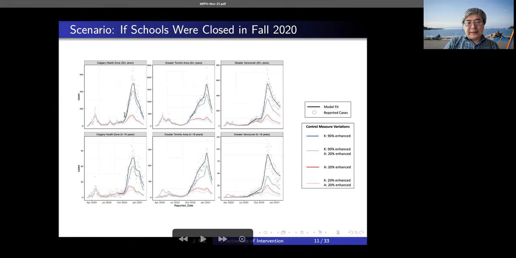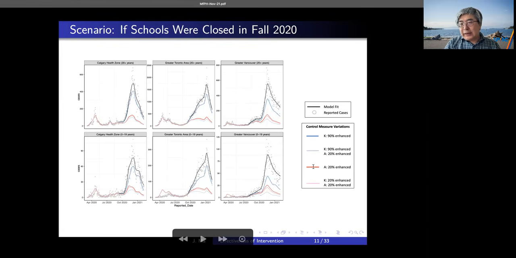As you can see, closing down schools in the fall, in September, has some small effect on the number of cases in the adults. Also, in the kids, the effect isn't very strong either. That's true for all 3 places, where Vancouver seems to have a slightly larger effect.